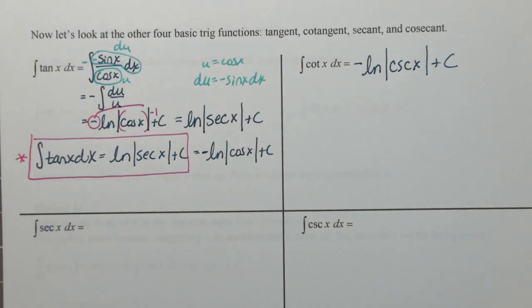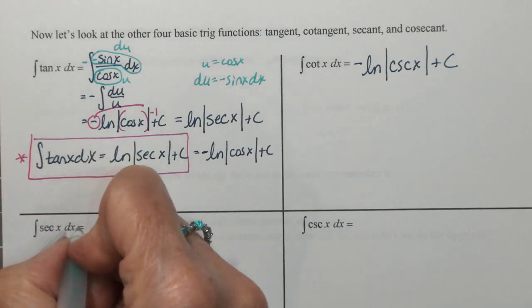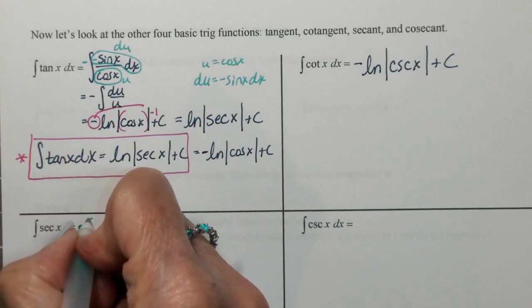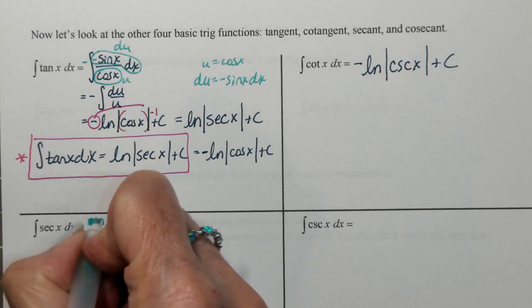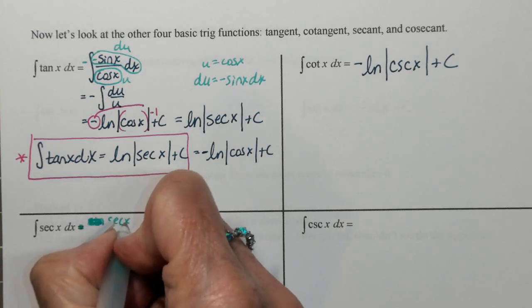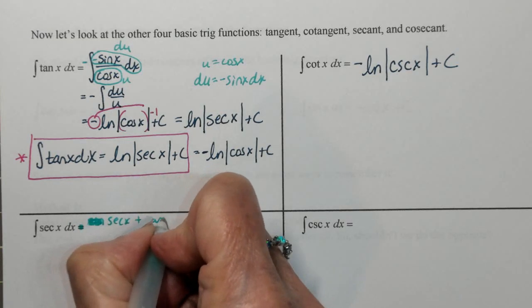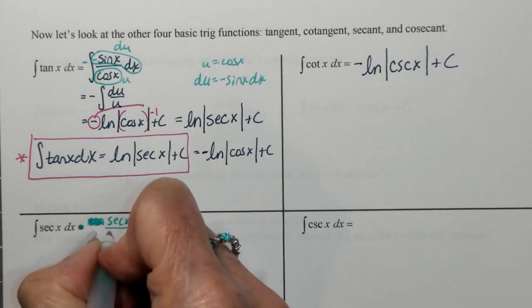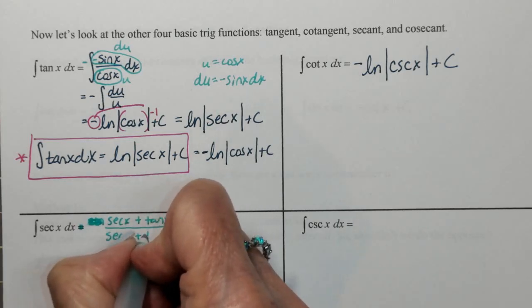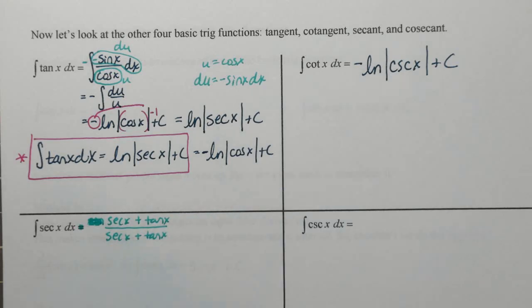Okay, so instead, I'm going to do a little trick. I am going to multiply top and bottom, not by sine, but by secant x plus tangent x. I'm multiplying top and bottom by that, so I'm really multiplying by 1 and not changing the value.